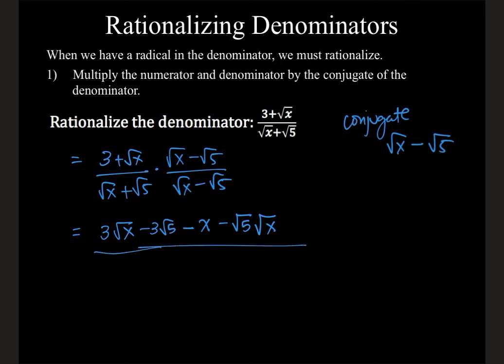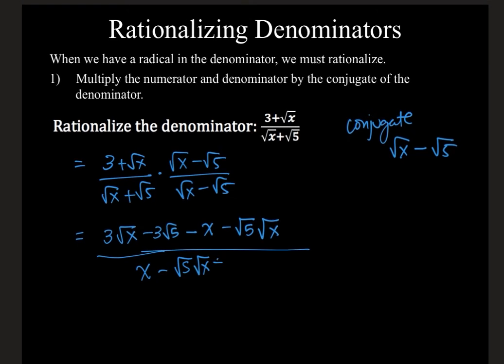All over, FOIL the bottom. Root x times root x is going to be just x outside. Root 5 root x inside plus root 5 root x. And last, root 5 times root 5 is going to be 5.